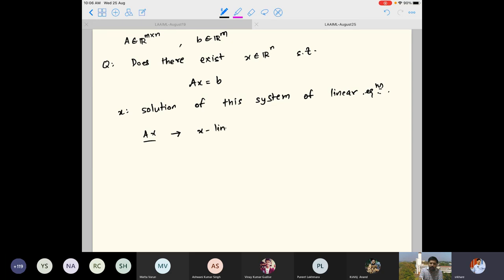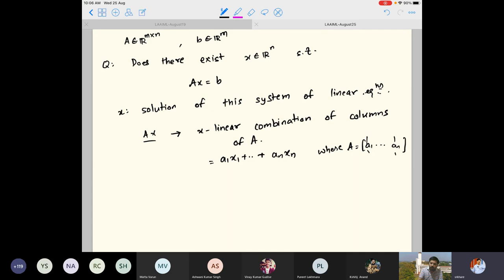Ax is a linear combination of the columns of A. If a1, a2, ..., an are the columns of A, and x1, x2, ..., xn are the components of the vector x, then Ax is a1x1 plus a2x2 plus ... plus anxn.